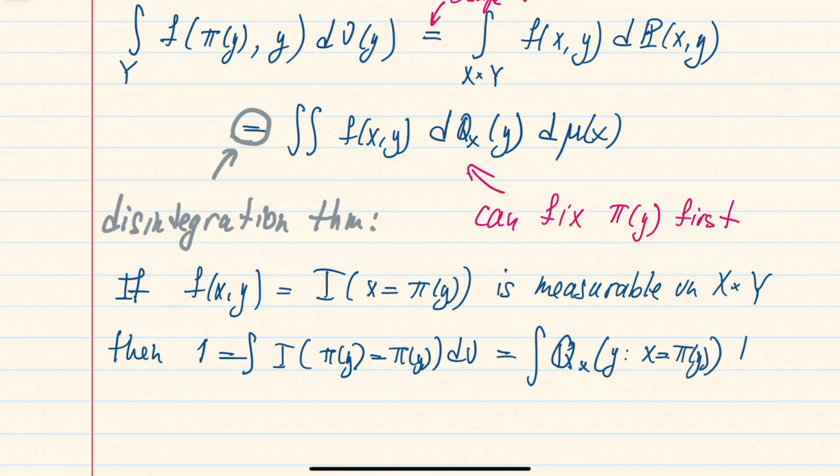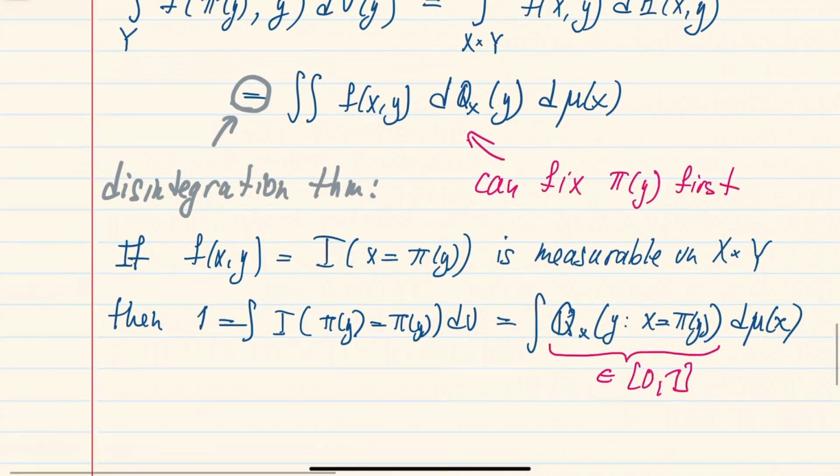And then you integrate this with respect to the marginal on x. Okay, and then if you notice that this is a probability, so this q for any set is between 0 and 1. And you also integrate it with respect to a probability measure mu. And the result is equal to 1. Well, that tells you that you are integrating 1 almost surely, right?